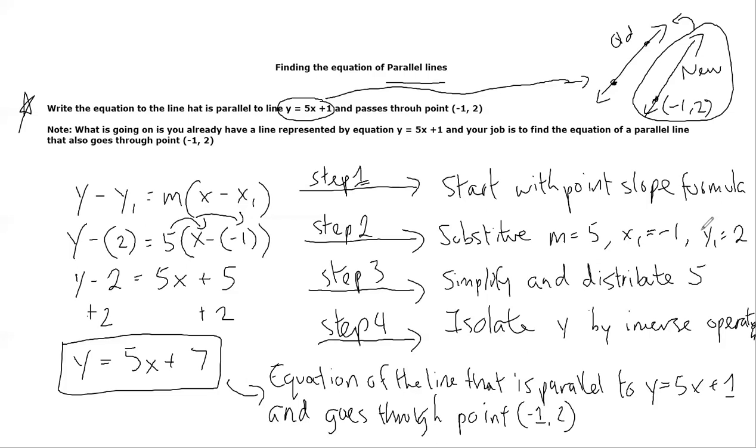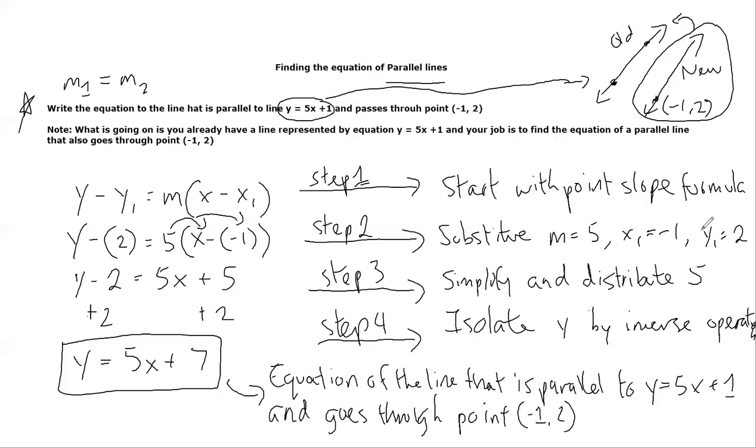What you also need to remember is that because they're parallel lines, they have a relationship already, right? If you remember what I said in the first slide, parallel lines means that they both have the same slope, right? M1 is going to equal M2. What that means is the slope for my first line has to be the same as my slope for my new line.